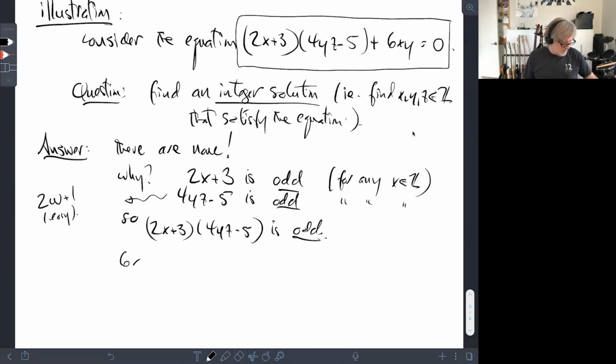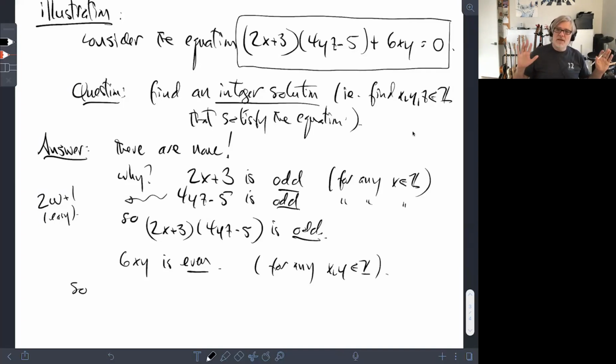Now, 6xy is clearly even, again, for any x, y, and z. So now I have an odd integer plus an even integer, that's odd, right?